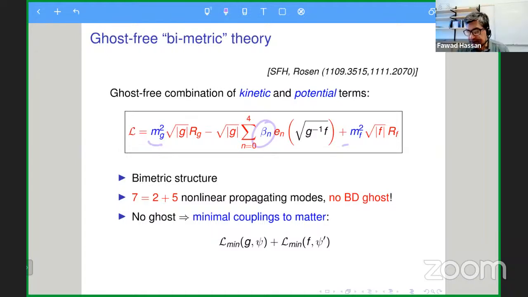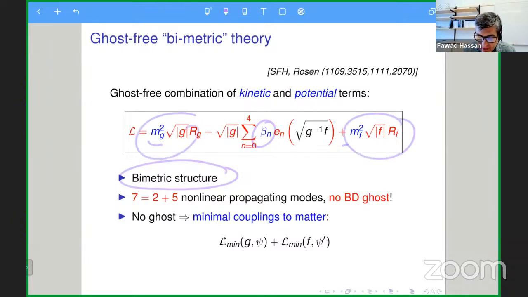Actually, this action now has complete general covariance, and F is dynamical. So first of all, now you see that it has a bimetric structure in the sense that both F and G appear like Einstein-Hilbert metrics, basically. So that's why the name bimetric. Now, going back to this work of Isham, Salam, and Strathdee, where they looked at a bimetric theory, they also had a theory like this.